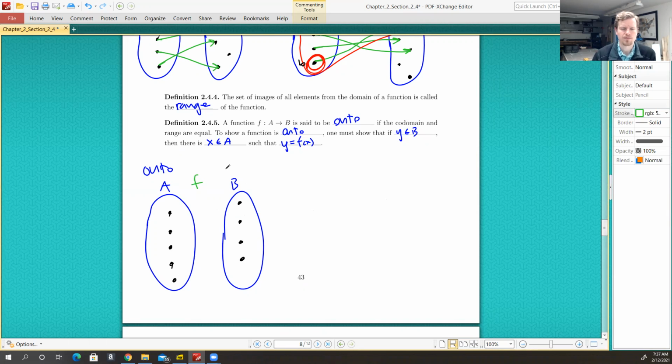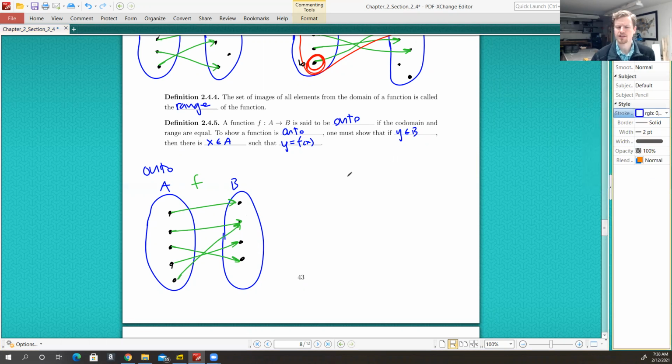Let's say we have our function f. We have that one going there, this one going here, that one there, this one here, and this one there. Excellent. So it's a function because everything in the domain has an image, and it's onto because everything in the codomain has a pre-image. It is the image of something from the domain.